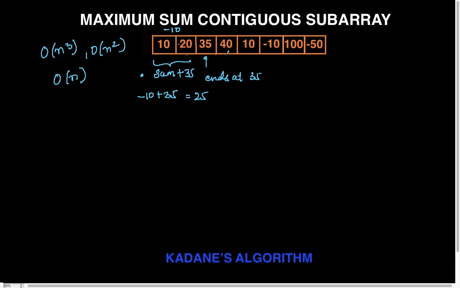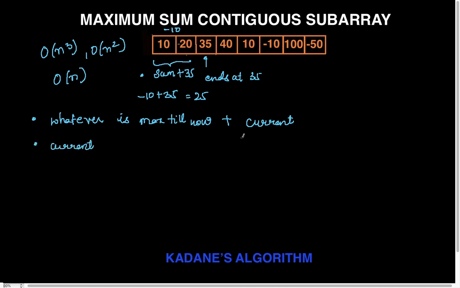So for any element, I just see that, okay, what if this particular element is going to be the endpoint of the sub array that is going to give me the largest sum? We have two options. Number one option is that whatever is max till now, plus the current element. Another option is just the current element.